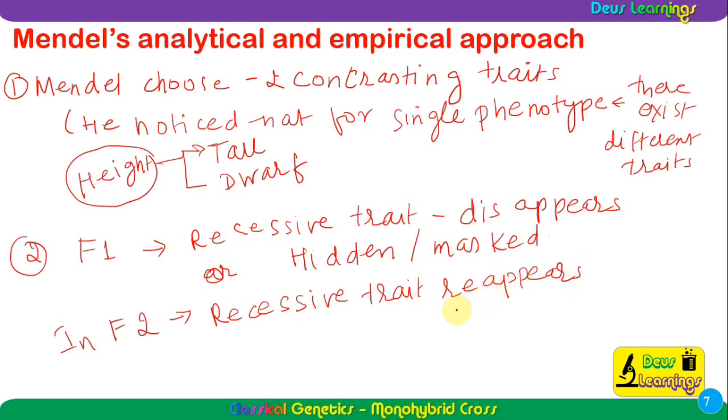And it appears in the ratio of 1/4, or 25%, of the F2 generation.